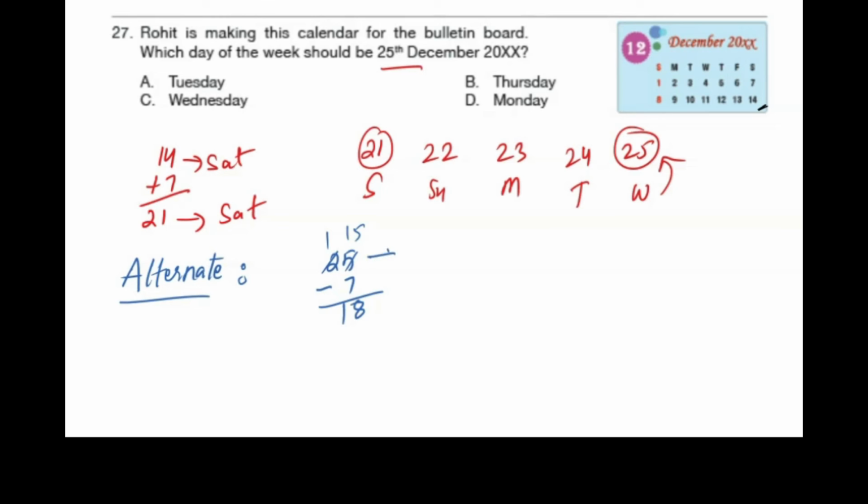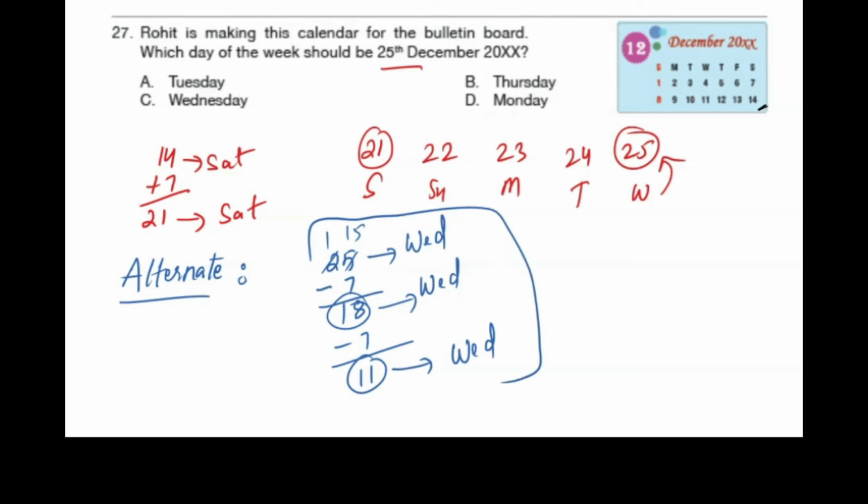So the day which will be on 15th will be on 18th also. We don't have 18 here. Again minus 7. So we will get 11. 11 is Wednesday. So 11 is Wednesday, then 18 will be Wednesday, then 25th will be Wednesday. You can either do by adding or by subtracting. These are two methods to do these type of questions.